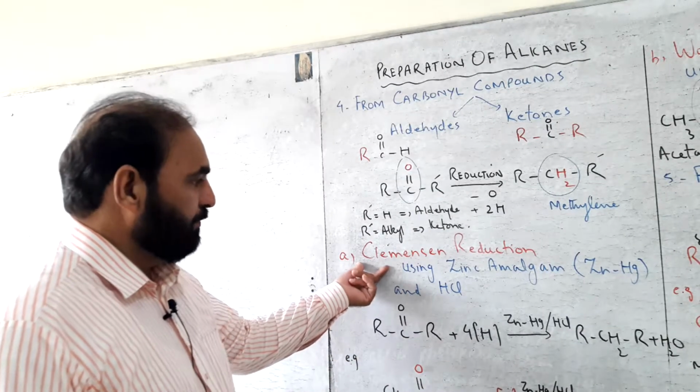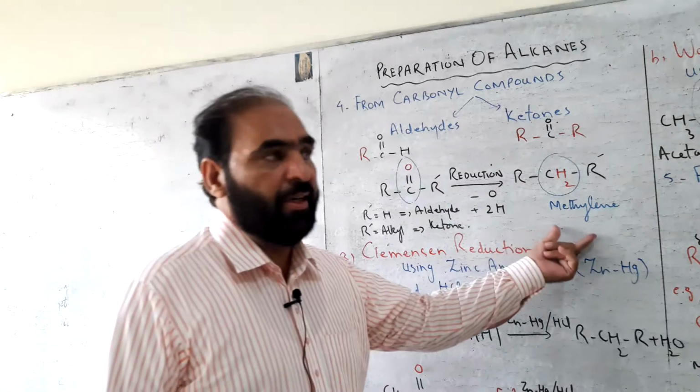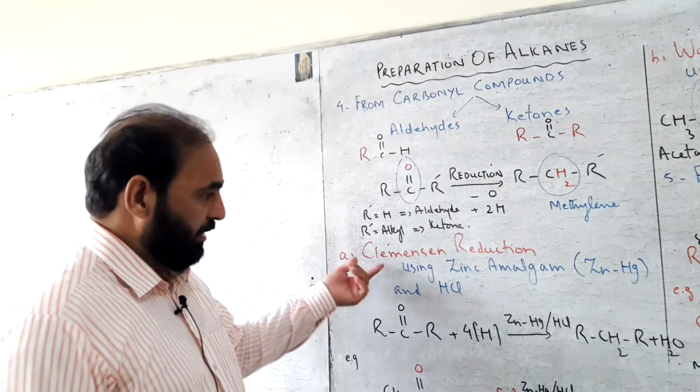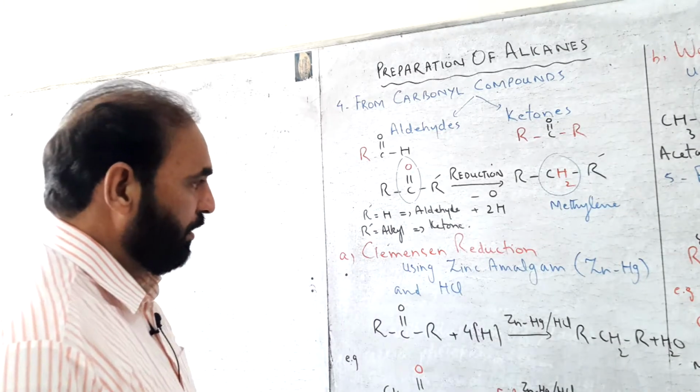The first method is Clemmensen reduction, a special method for the reduction of carbonyl compounds.